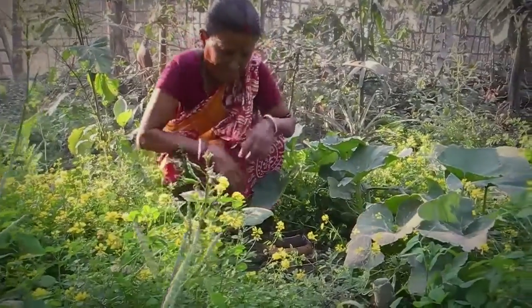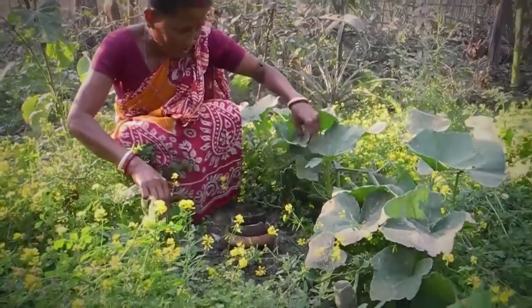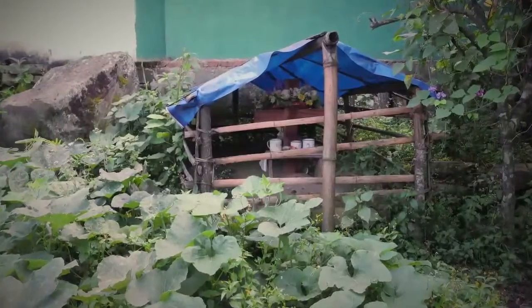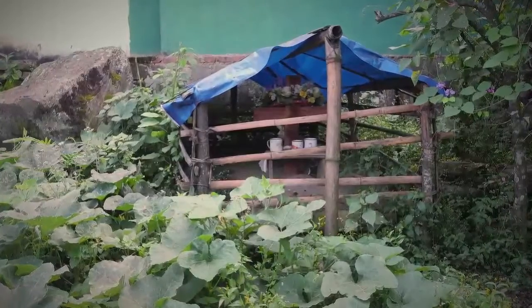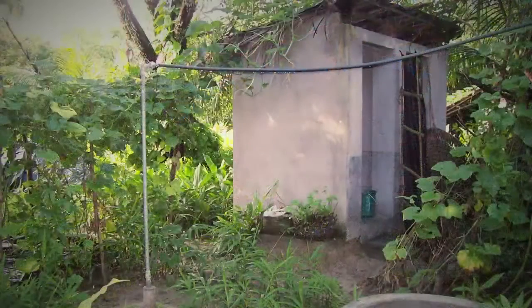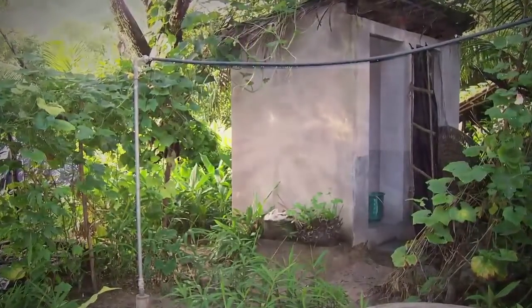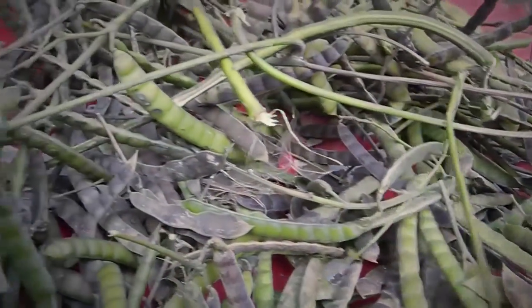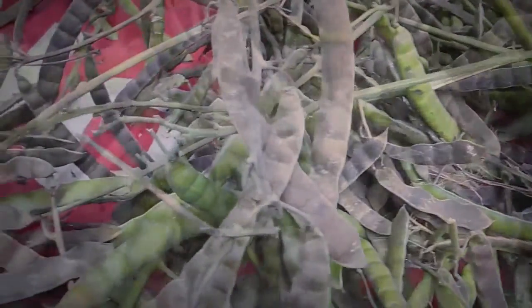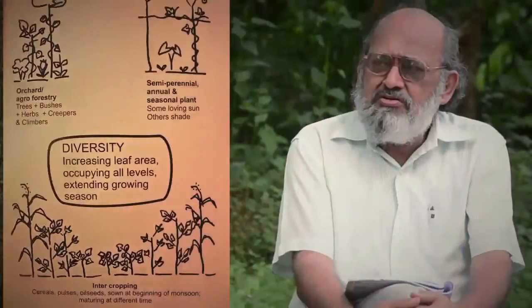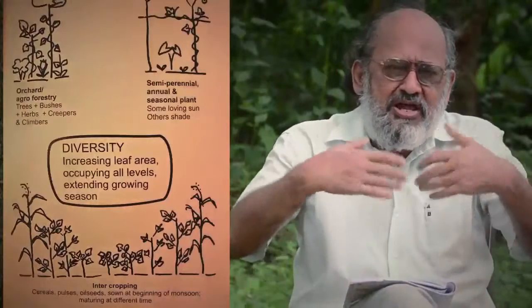When we apply the principle of diversity to the home garden to make it nutritionally more rich, to make sure that we get all the nutrients necessary for human body health, a healthy life, we look at the diversity principle in an applied way.